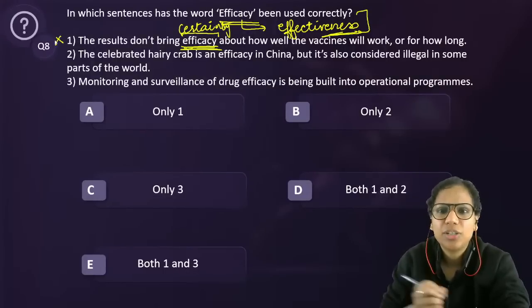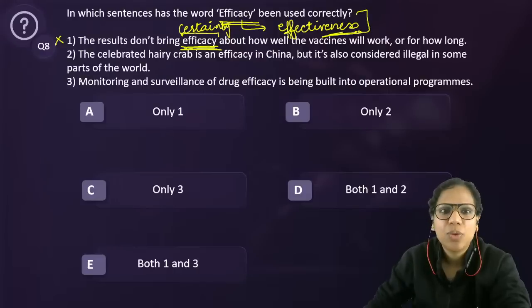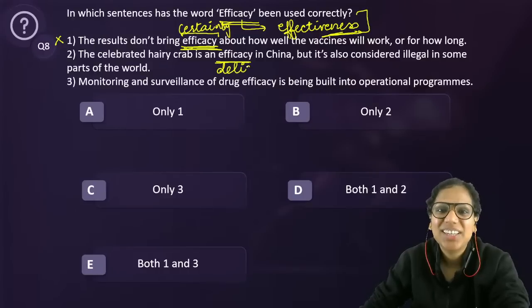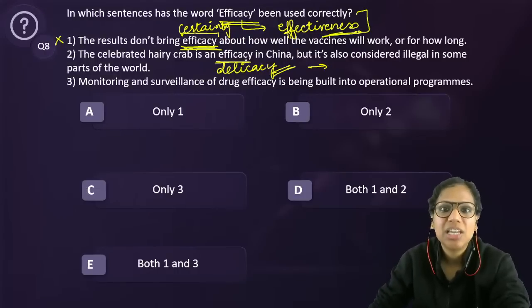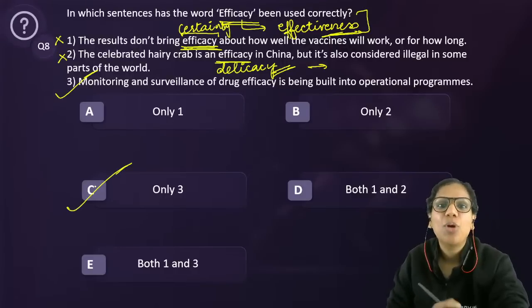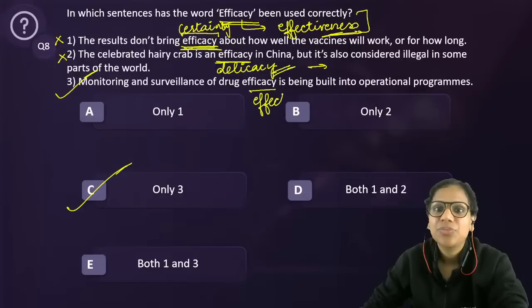Efficacy does not fit in one. Those who are saying one, it does not fit in one. The celebrated hairy crab is a delicacy. Okay, delicacy, something that is considered to be a gourmet, luxurious, sumptuous meal. Three, only three: monitoring and surveillance of drug effectiveness is being built into operational programs.